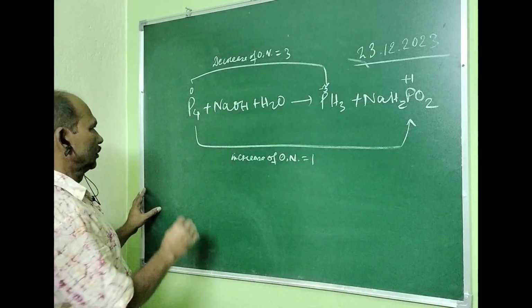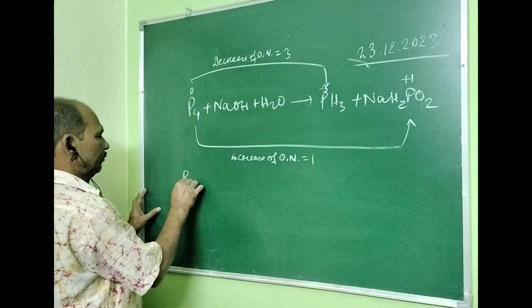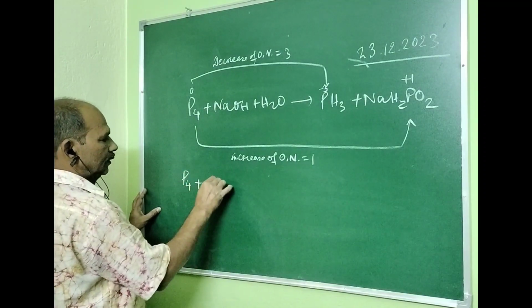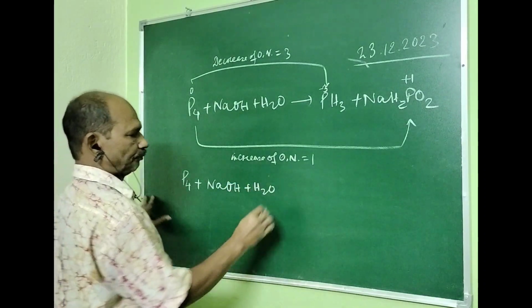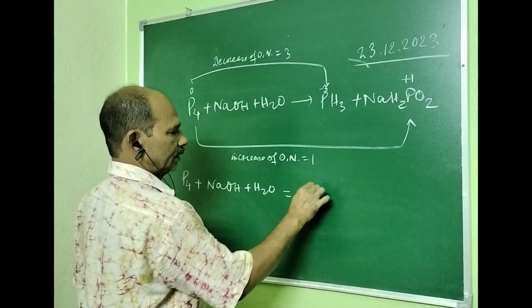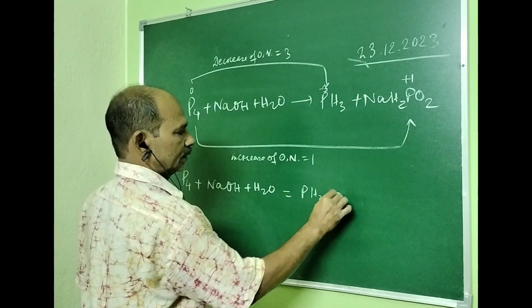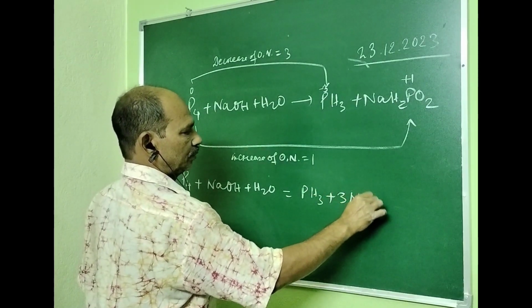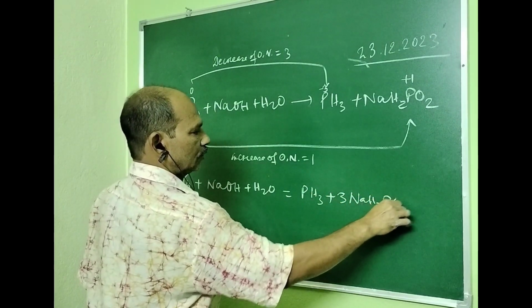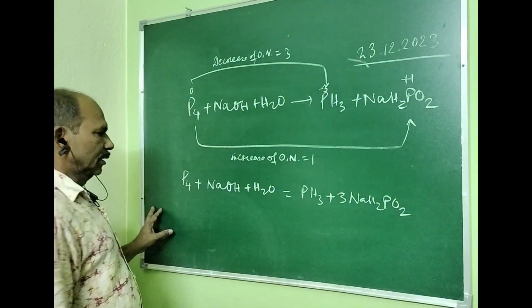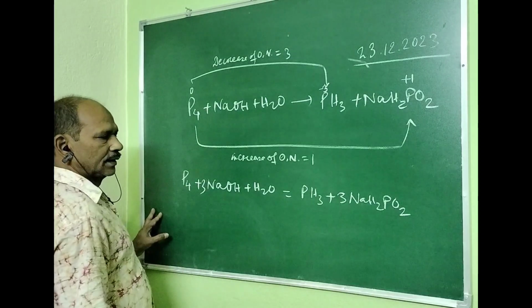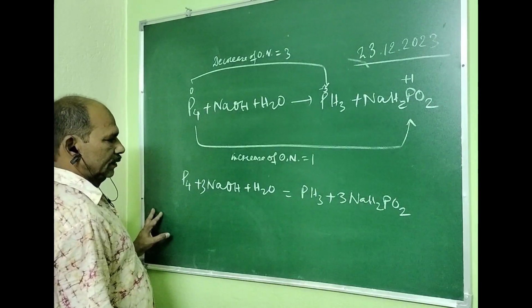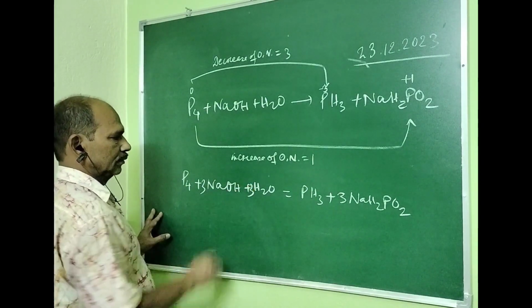So the balance equation will be P4 plus NaOH plus H2O gives PH3 plus 3NaH2PO2. To adjust the number of atoms of hydrogen and 3 Na, this is 3, and here is also 3.